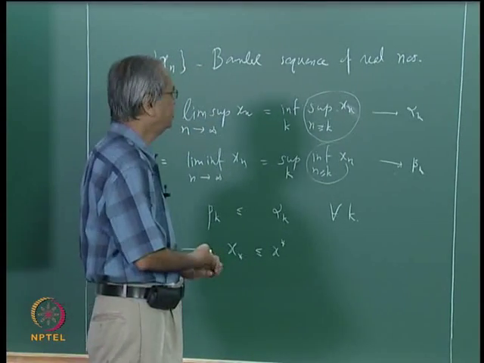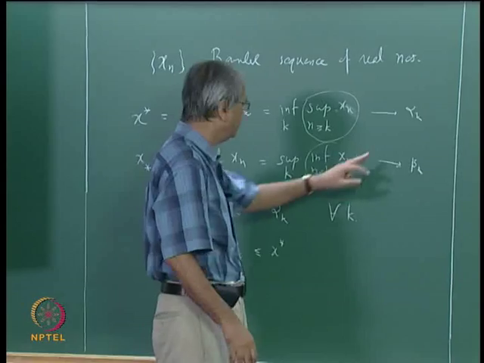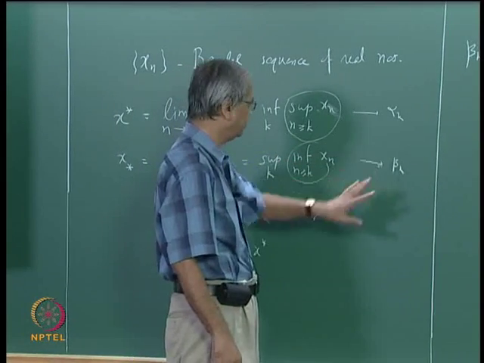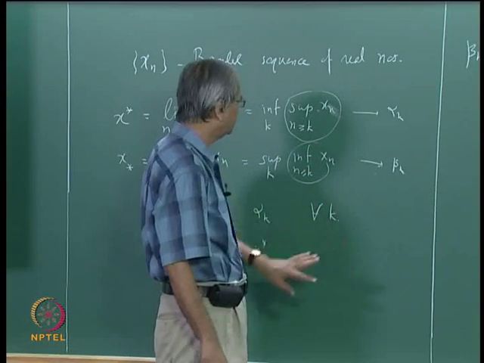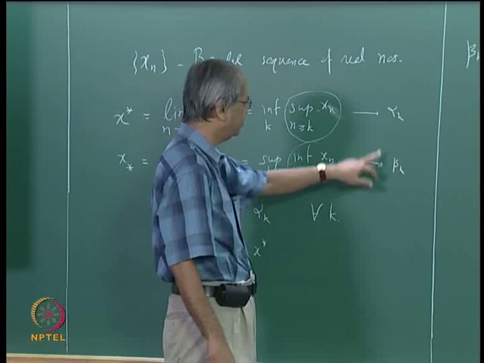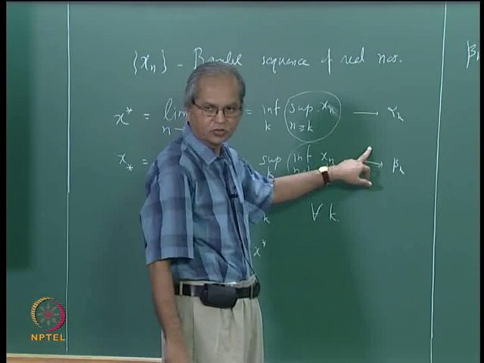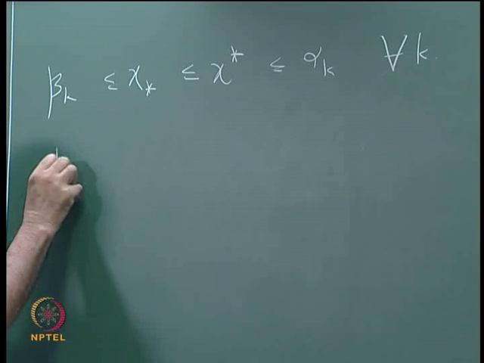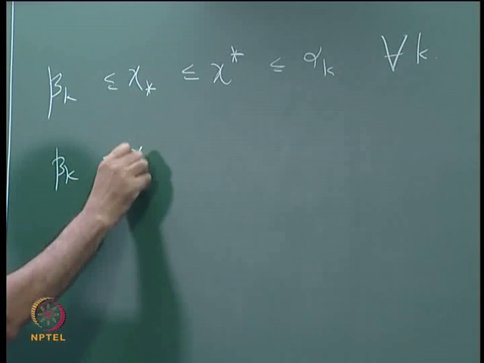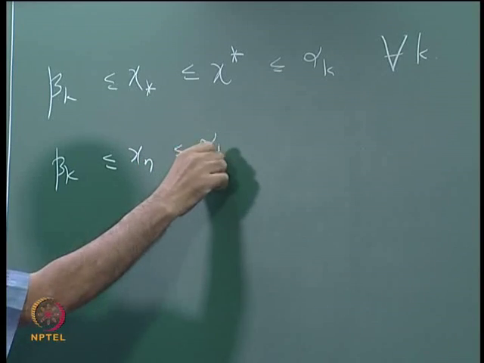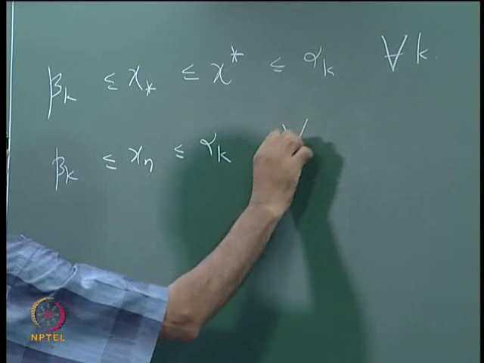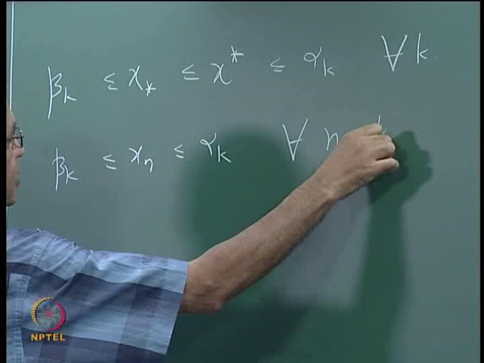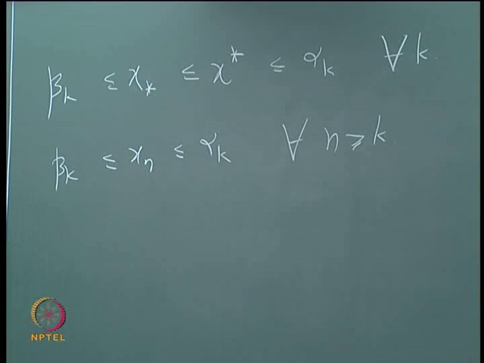And because of the way we have defined alpha k and beta k, for all n bigger than or equal to k, all xn's lie between these two numbers. That is, beta k is less than or equal to xn, which is less than or equal to alpha k, for all n bigger than or equal to k.